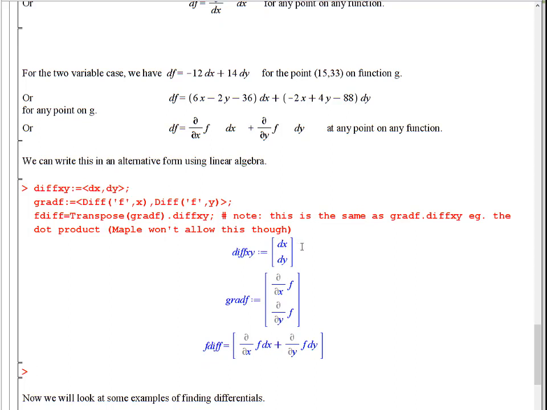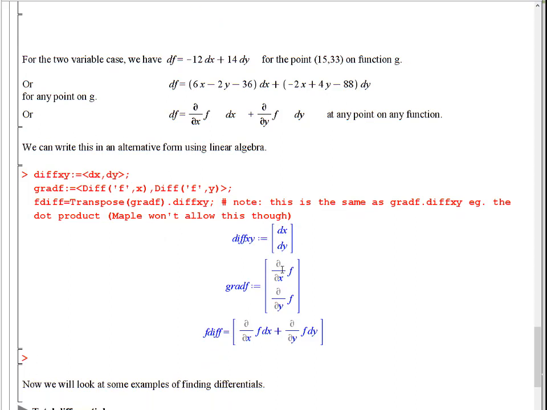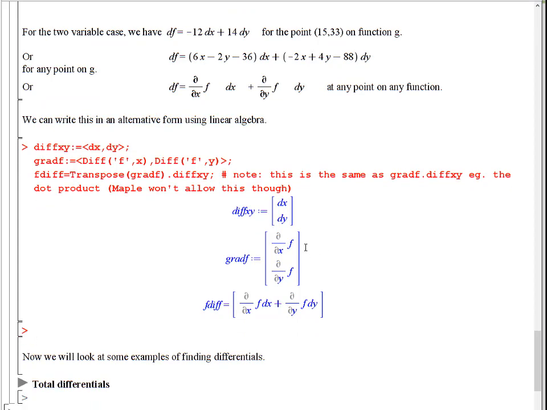So that defines how much we're going to change our position by. This then is called the gradient vector, which is a vector where the two components are the partial derivatives of the function with respect to the two variables. And if there's more than two variables, then you can have a longer column vector. But with two variables, you have the partial derivatives with respect to x and y as the two components.